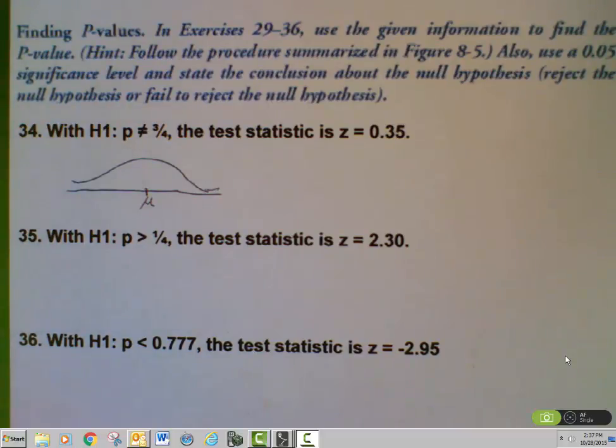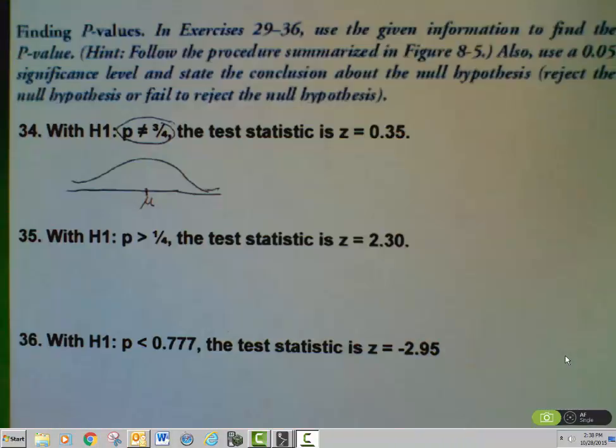Number 34 says with alternate hypothesis p is not equal to 3/4, the test statistic is z equals 0.35. Now, the fact that the alternate hypothesis has not equals in it means this is what kind of test, a left tail, right tail, or two-tail test?